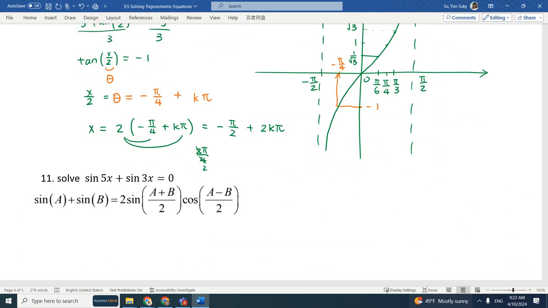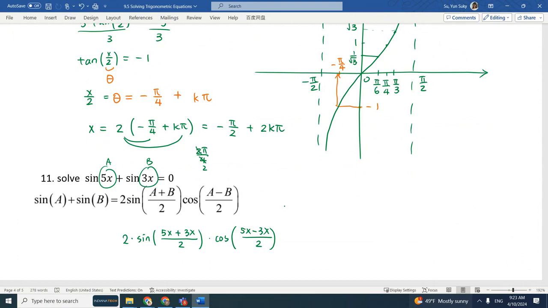We see the A is like 5x and the B is like 3x. Right, everybody? So on your left-hand side, it's the same as saying 2 times sine of (A plus B) over 2, which is 5x plus 3x over 2, times cosine of (A minus B) over 2, which is 5x minus 3x over 2.